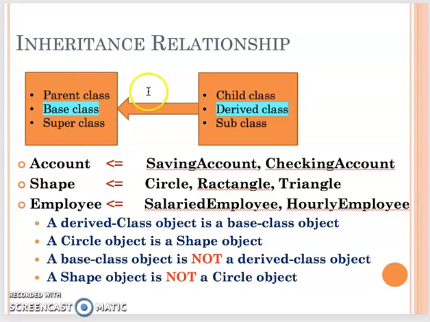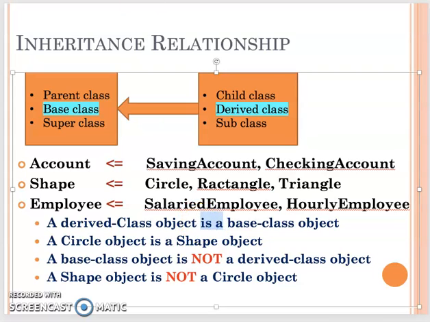So when we have this inheritance relationship, because saving account inherited from the account class, can I say a saving account is one kind of account? Yes. So we say in the inheritance relationship, we have an is-a relationship.